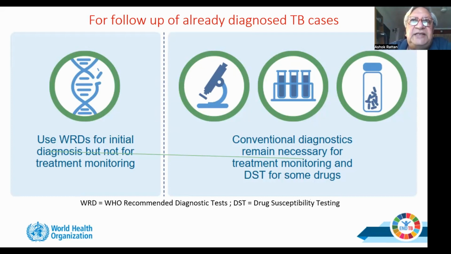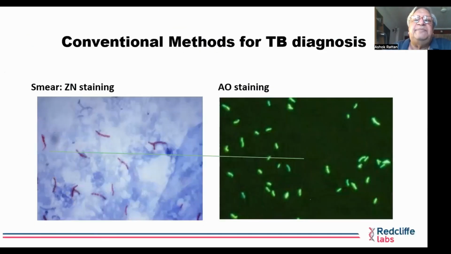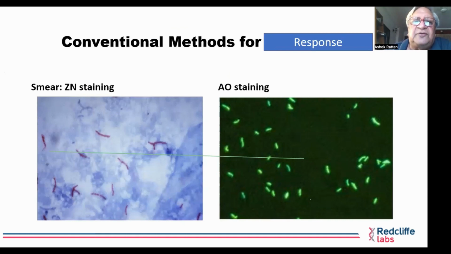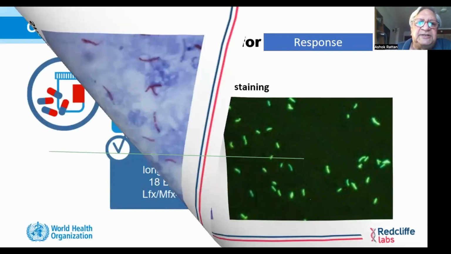Molecular methods which are based on detection of DNA should not be used for follow-up, because they detect DNA and cannot differentiate between dead bacteria and living bacteria, while smear and culture by quantification would indicate whether mycobacterium is multiplying or not multiplying. Therefore the staining method as well as culture is recommended to study the response and not for diagnosis of the patient.